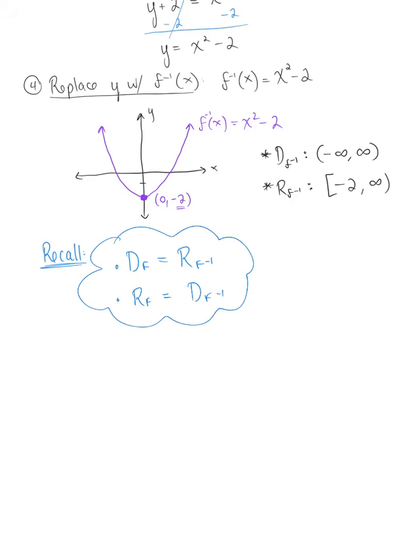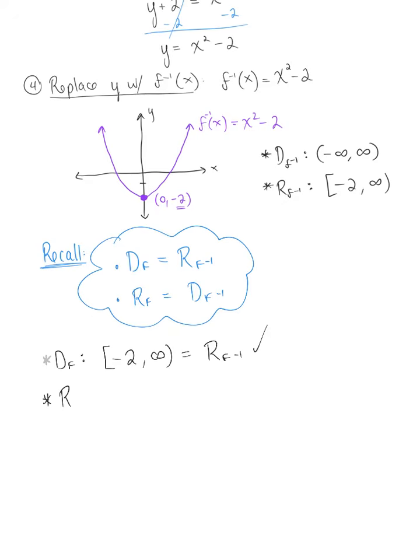So let's check this to make sure it's holding true. We found at the beginning the domain of the square root of x plus 2 to be all real numbers greater than or equal to negative 2, which we can see is equal to the range of our inverse function. So the first part holds true.